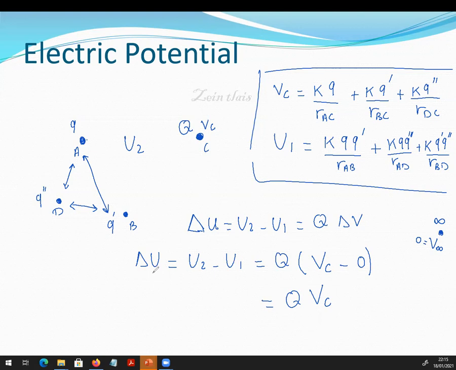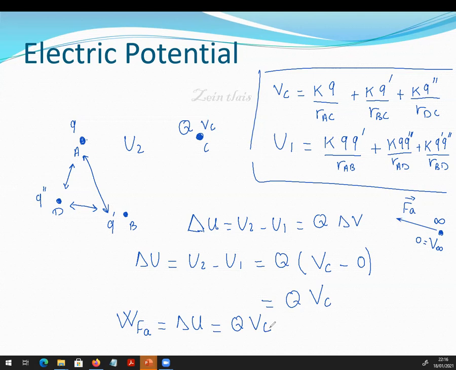And you know, to bring a charge from infinity to a point, I need to apply F agent. The work done to bring the charge from infinity to the point C, I consume by F agent, which is equal to delta U. You know, W of F_agent equals minus W of F electric. Okay? W of F applied equals delta U equals Q times V_C.